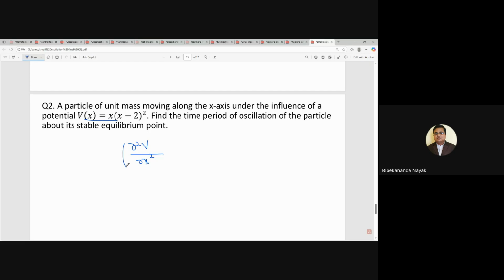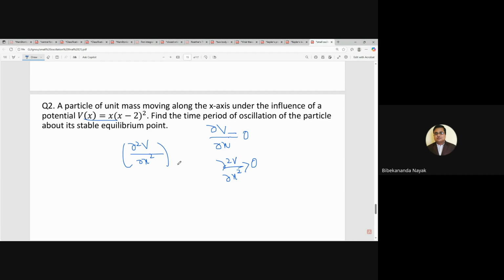You have to calculate the stable equilibrium point. First, set del v by del x equal to 0. Then find the point. Then check the stable equilibrium point where del square v by del x square is greater than 0.